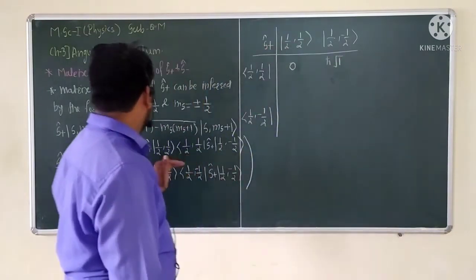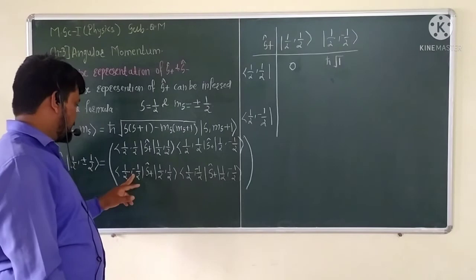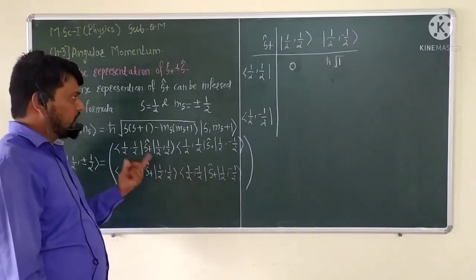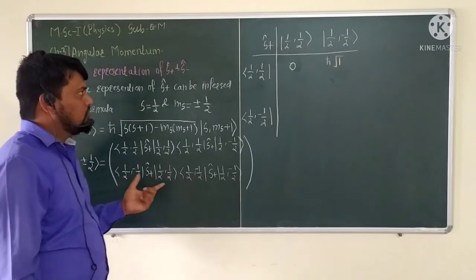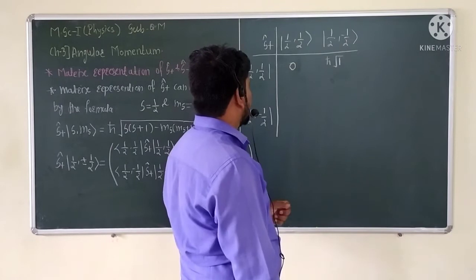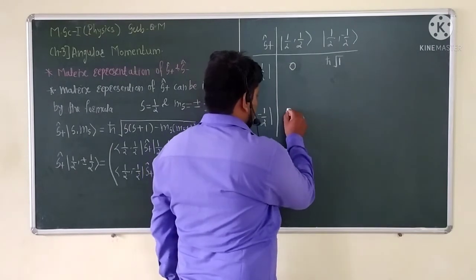Again, the S plus operator operating on half, minus half with the ket of half, half: if we calculate, the matrix element is also 0.